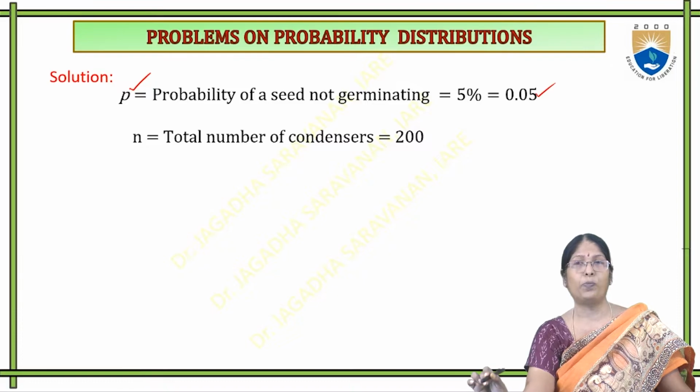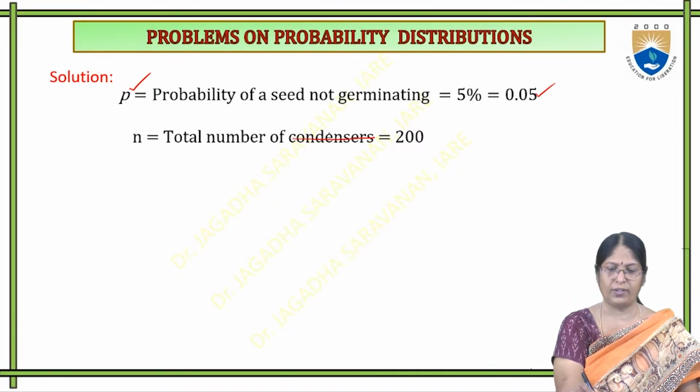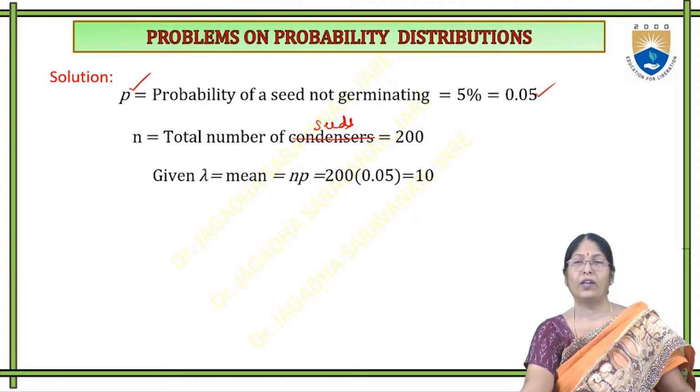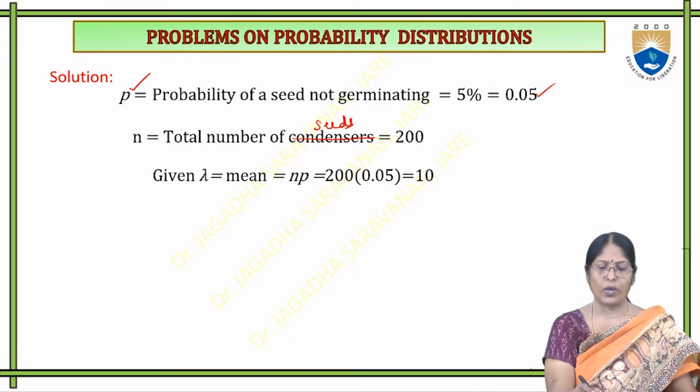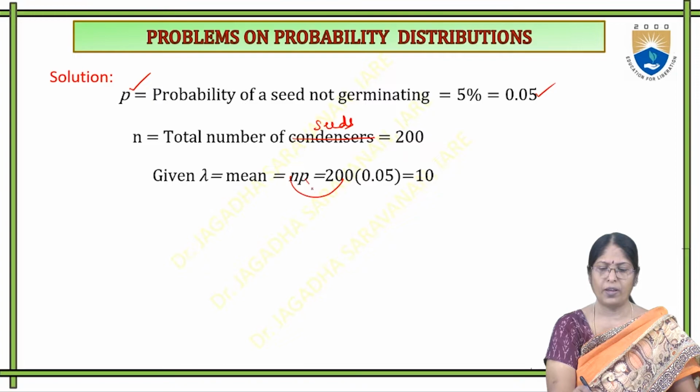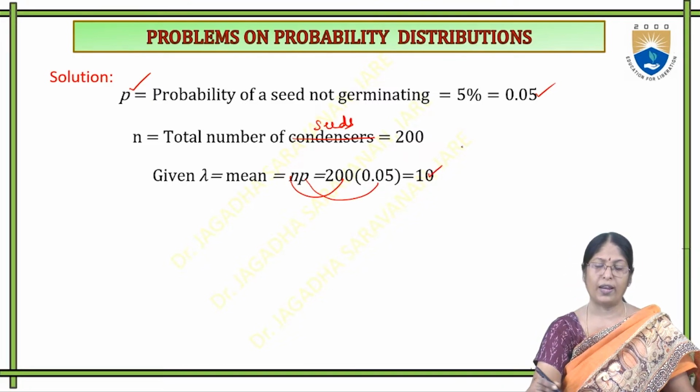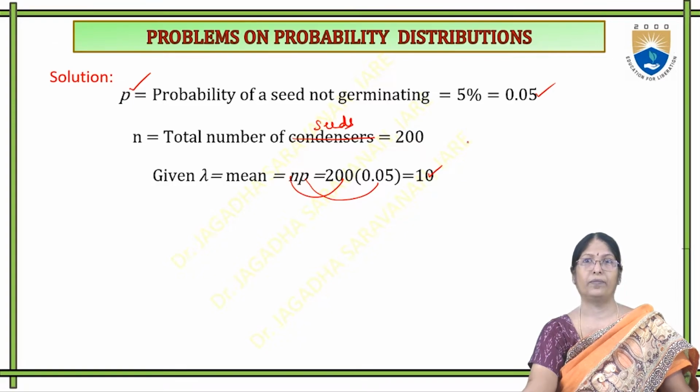N is the number of seeds in each packet, 200. Now the mean: N is 200 and P is 0.05, so we got lambda as 10.